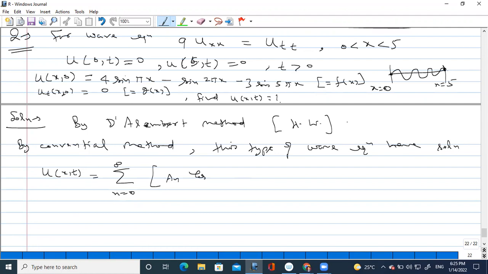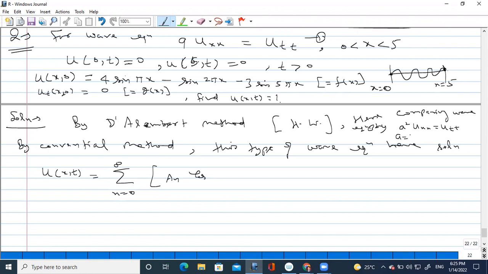One more thing I can have here, comparing the wave equation with my standard equation a square u_xx equals u double t.